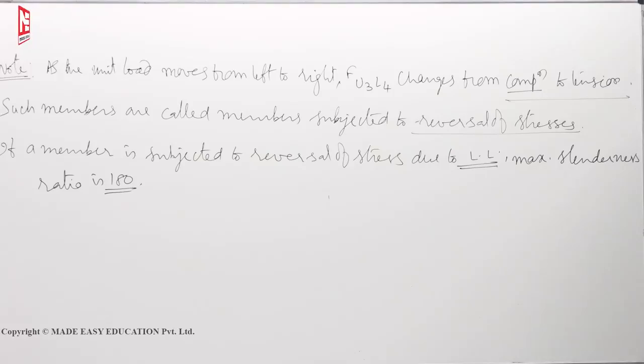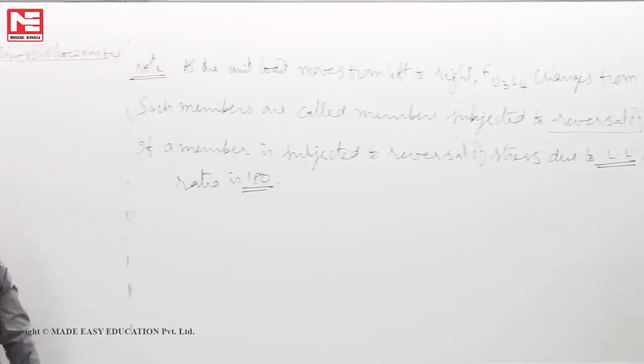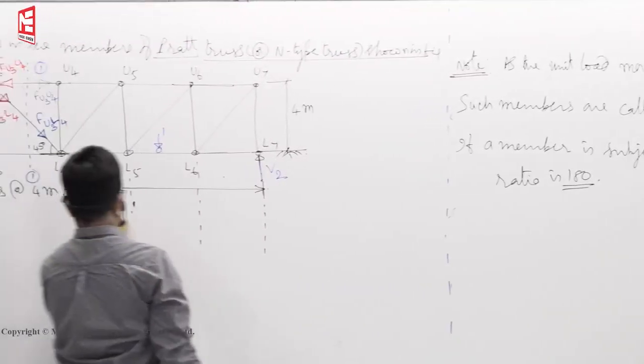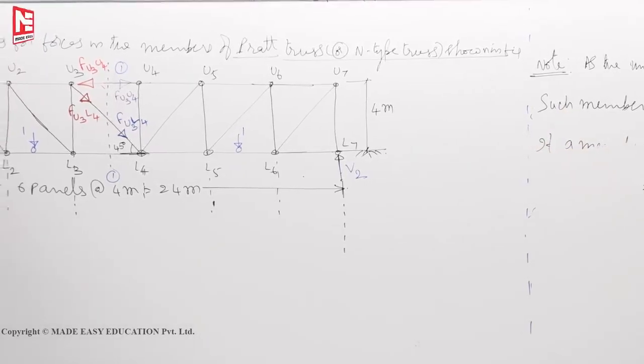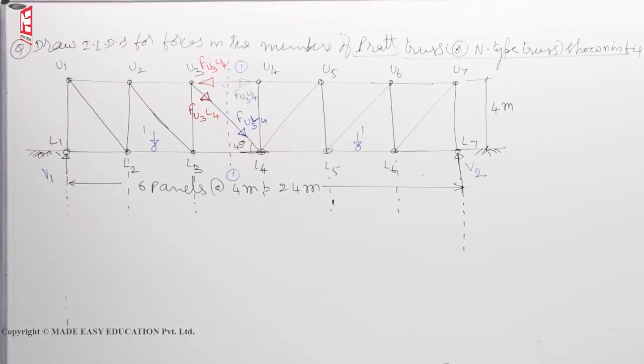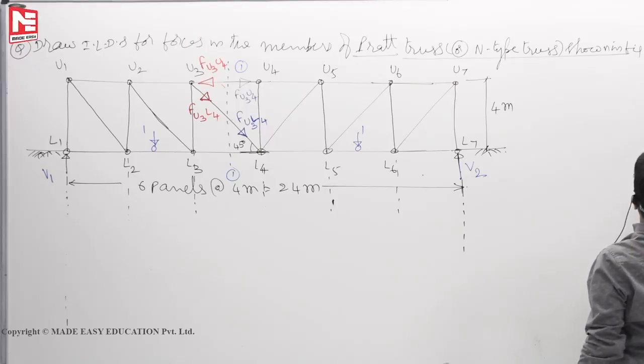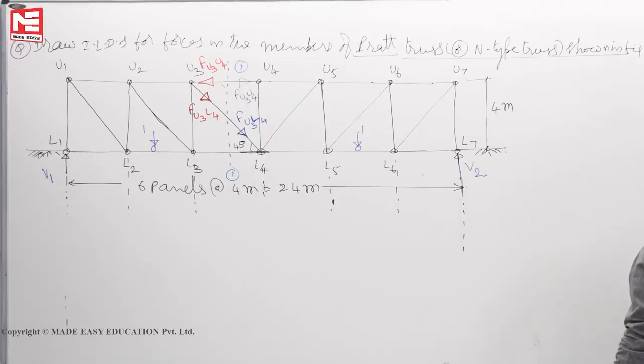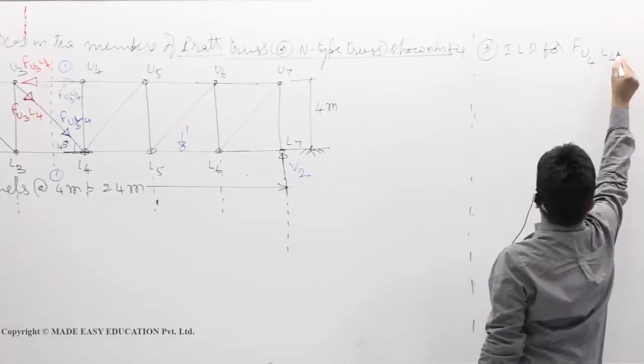Okay, now let us see one more member, U4L4. Third one is the ILD for force in the member U4L4.